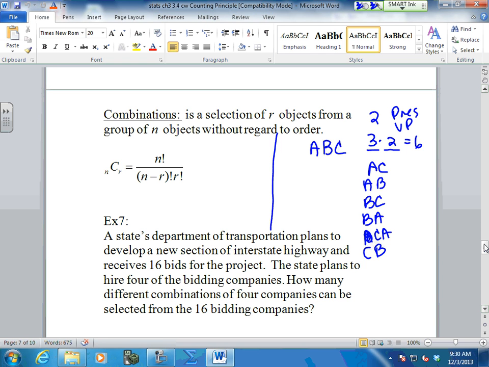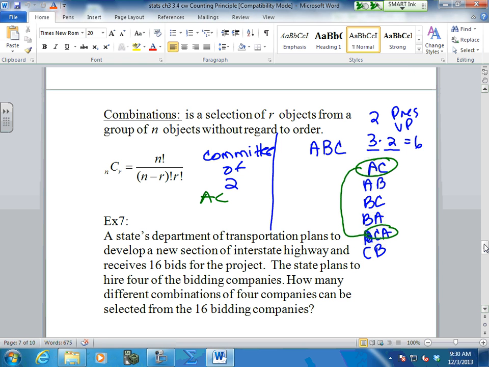Now, I want to change that. I want to send a committee of 2. Order doesn't matter. So, if I send AC, is CA any different? No, they're the same. They'd be the same committee, right?